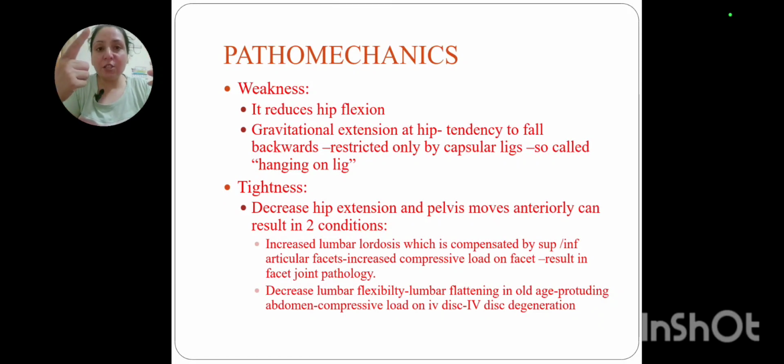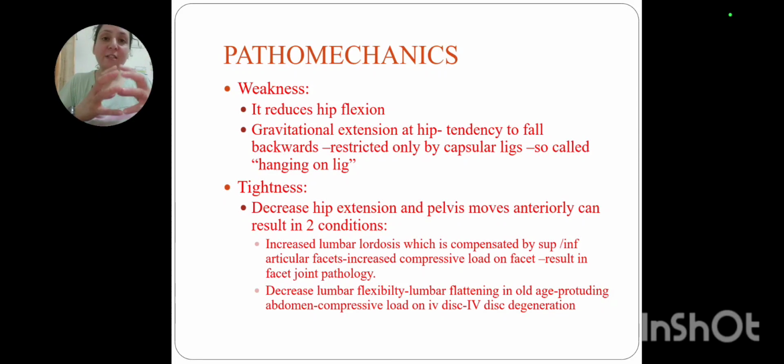Now there are two conditions which can happen when there is tightness of the iliacus group of muscle. One condition is the pelvis can go into lordosis. There is no hip extension taking place, so that means the pelvis has moved anteriorly. If there is an increase in lordosis, there will be an increase in facet joint arthropathy.